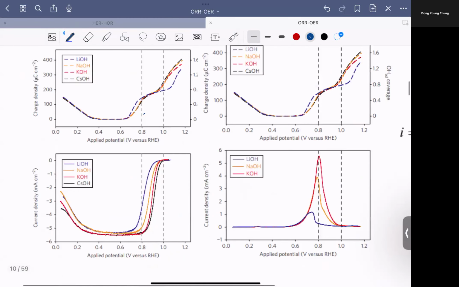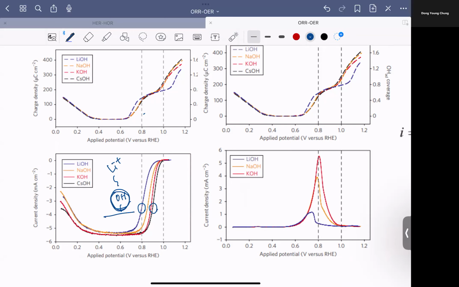Not surprisingly, you can observe that the lithium hydroxide shows the lowest activity compared to the calcium hydroxide, right? Because the lithium interacts strongly with the OH, which means that the lithium cation can stabilize the OH on the platinum, so the surface coverage of the OH is much more pronounced compared to sodium or potassium or calcium.